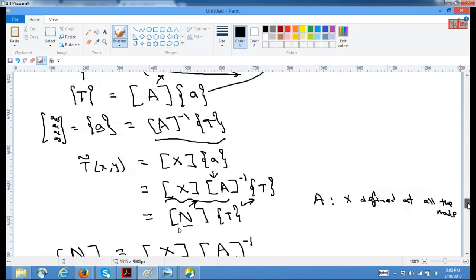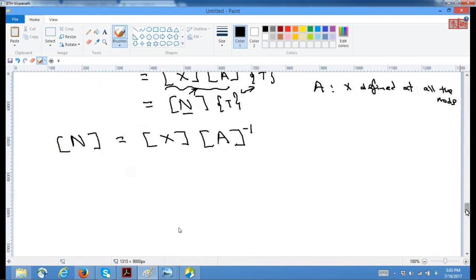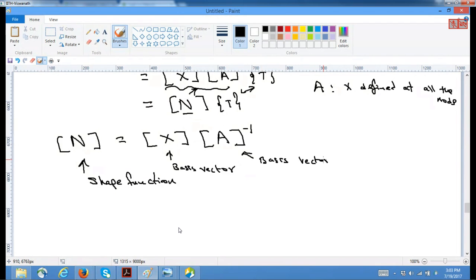So your shape functions, as we studied in the previous classes, are defined by the basis vector, and A is the basis vectors evaluated at all the nodes.